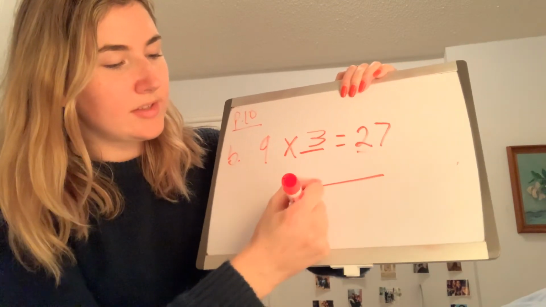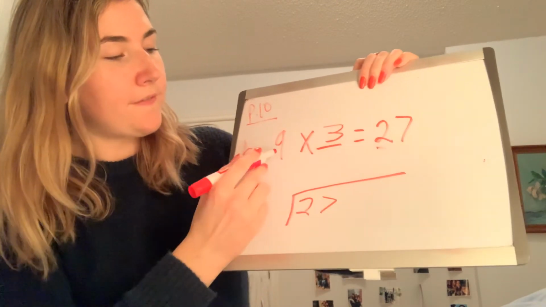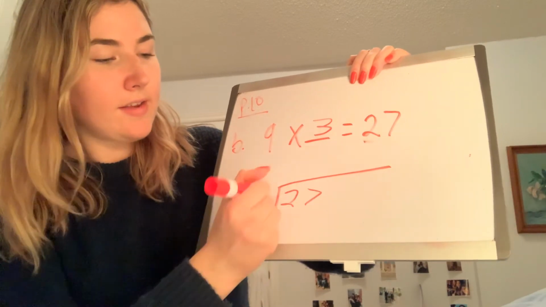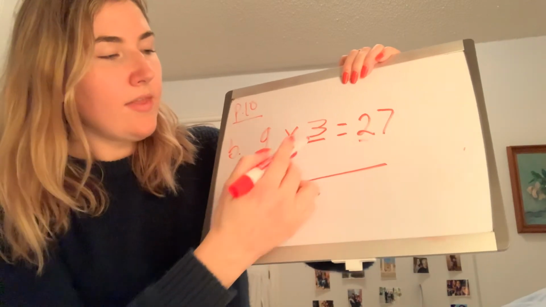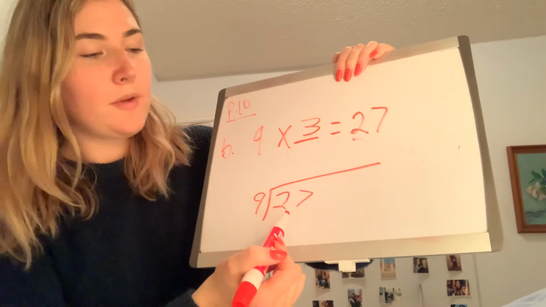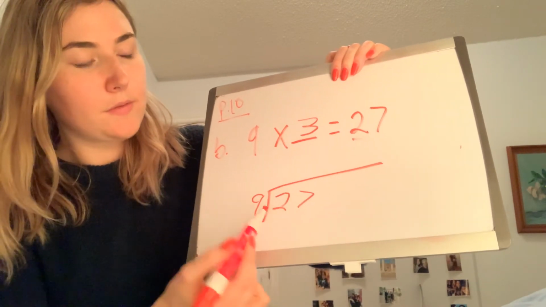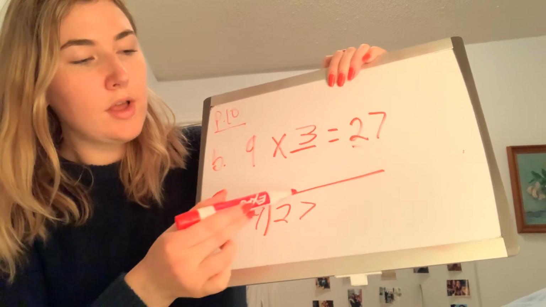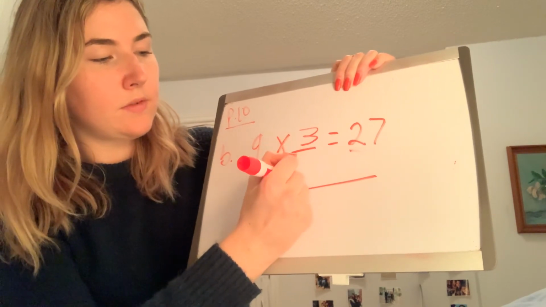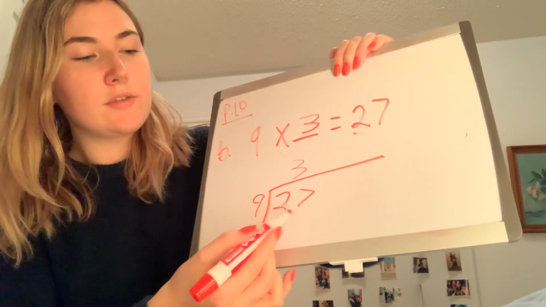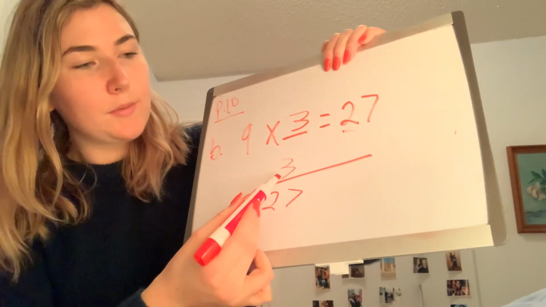So we have 27 here. Our first number goes at the side. And then our second number that we're multiplying by goes at the top. And make sure to line up in the same place value. So I'm not going to put my 3 above the 2, but I'll put it above the 7. All right, so 27 divided by 9 equals 3. All right, so you can finish part 10 up, and then we just have part 11 left.